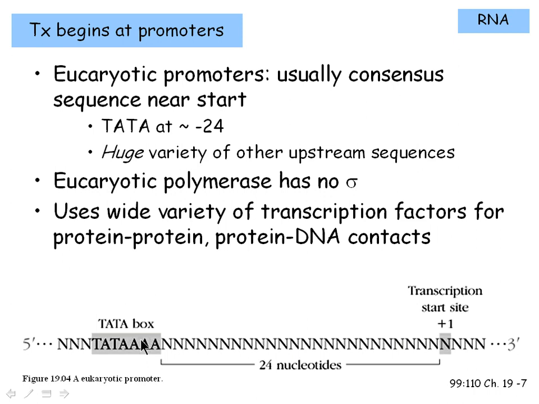But the other upstream sequences are immensely varied, a huge variety of possible consensus sequences and structures. Those are found in the 5' domain further upstream from the start site.